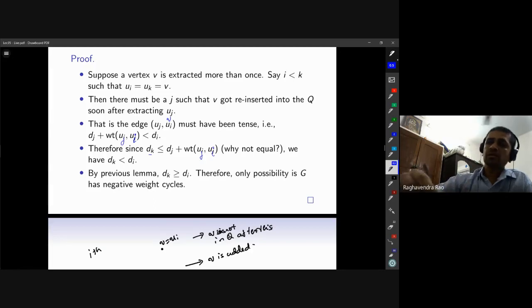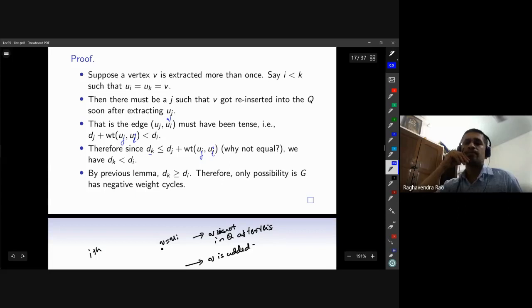By assumption, this is less than d_i. So what we have is d_k is less than d_i. Now where is the problem? Okay, d_k is less than d_i. What is the big deal?